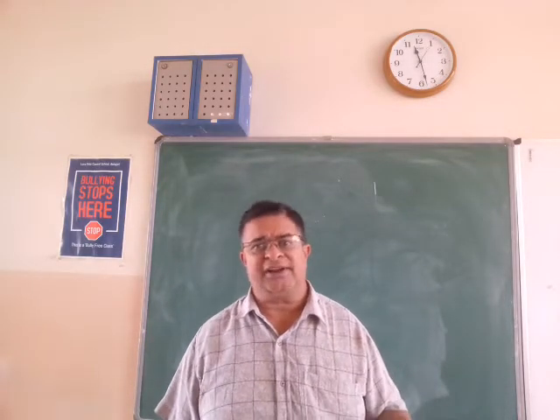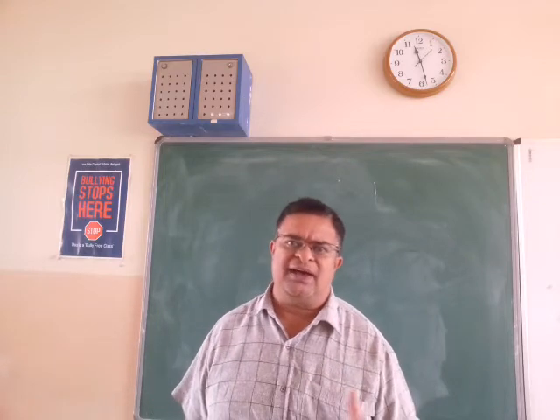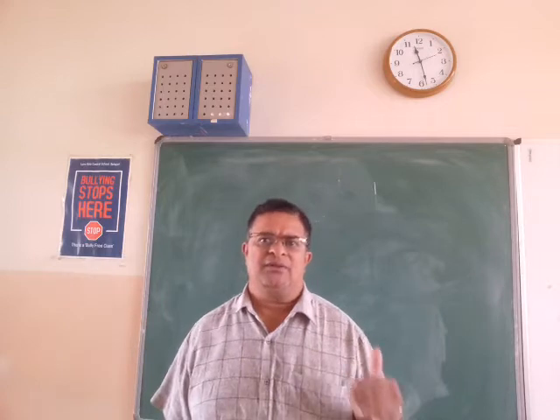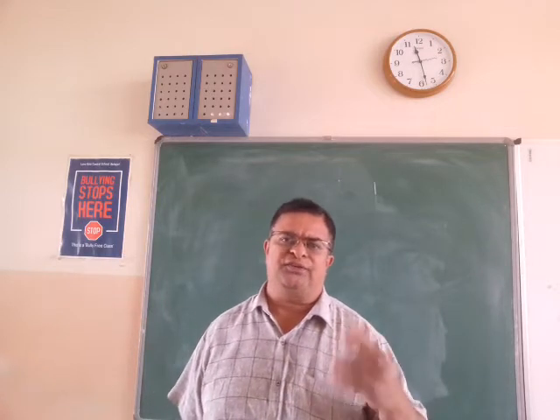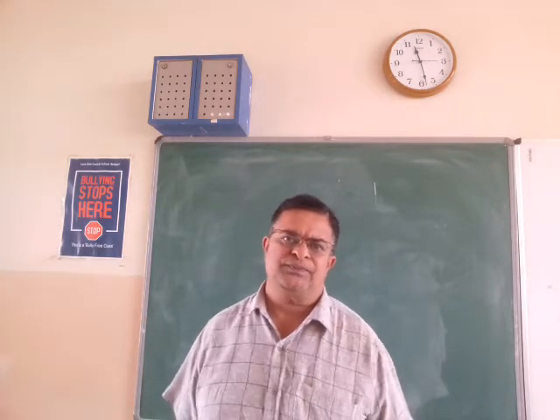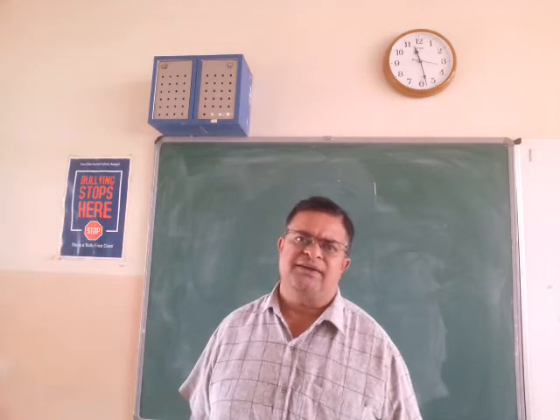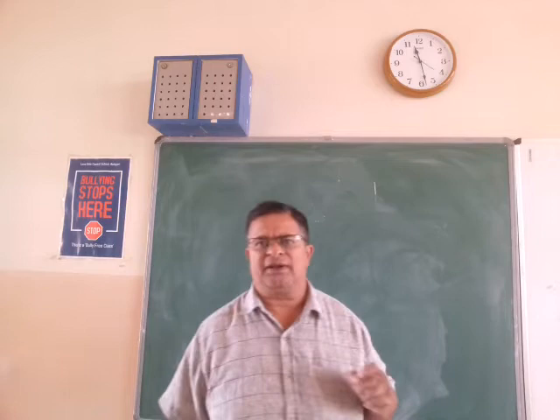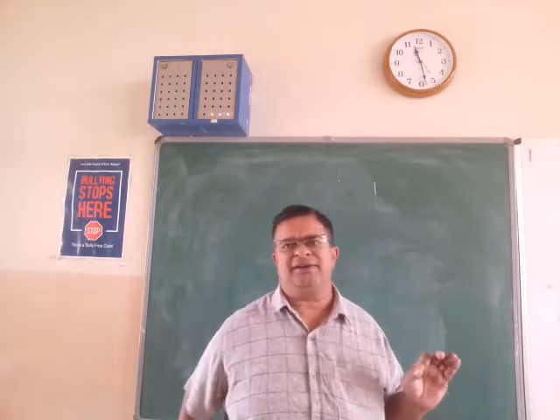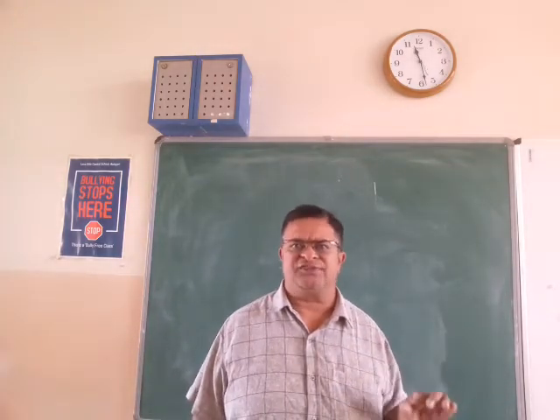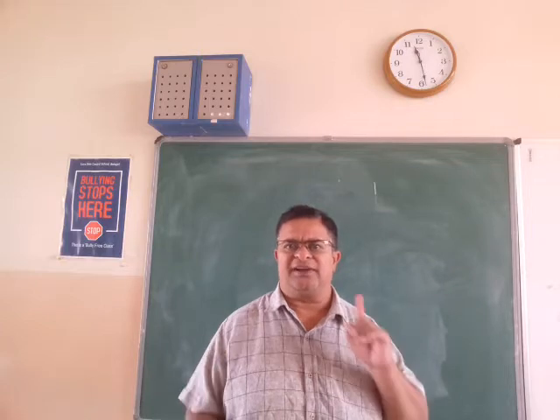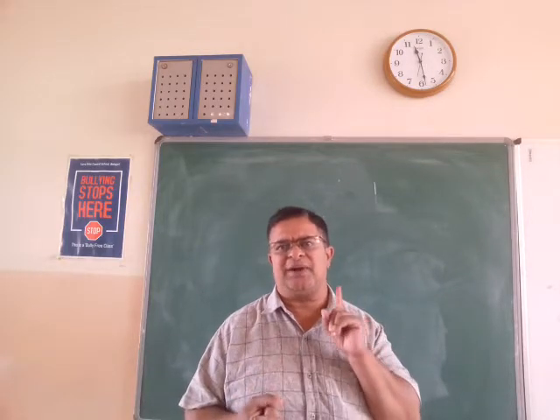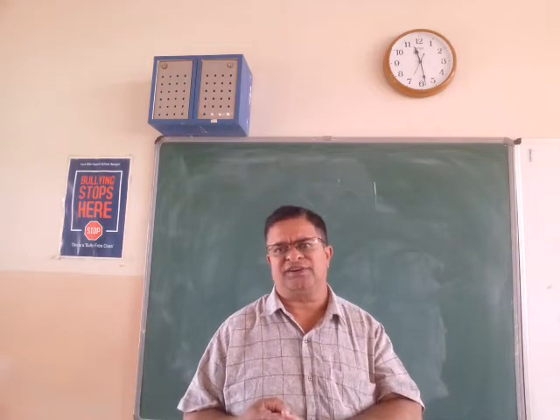This magnetic field can further be enhanced by increasing the number of turns of the coil, and secondly by increasing the strength of the current. So the magnetic field can be increased by increasing the number of turns of the coil, and by increasing the strength of the current.